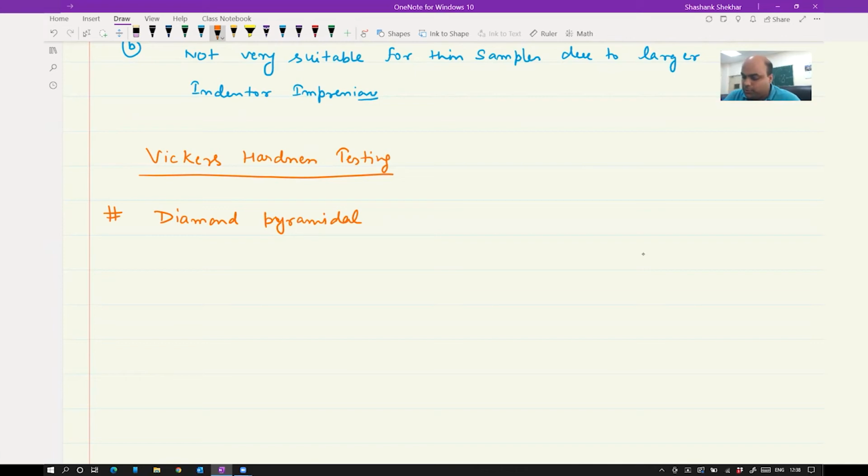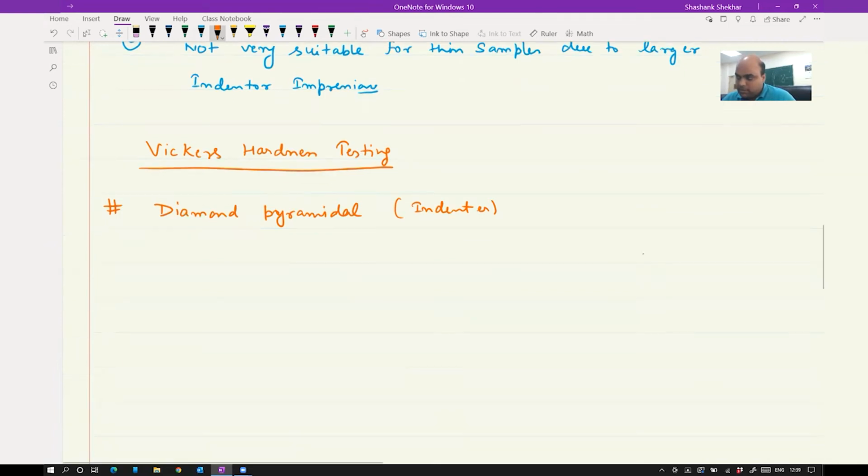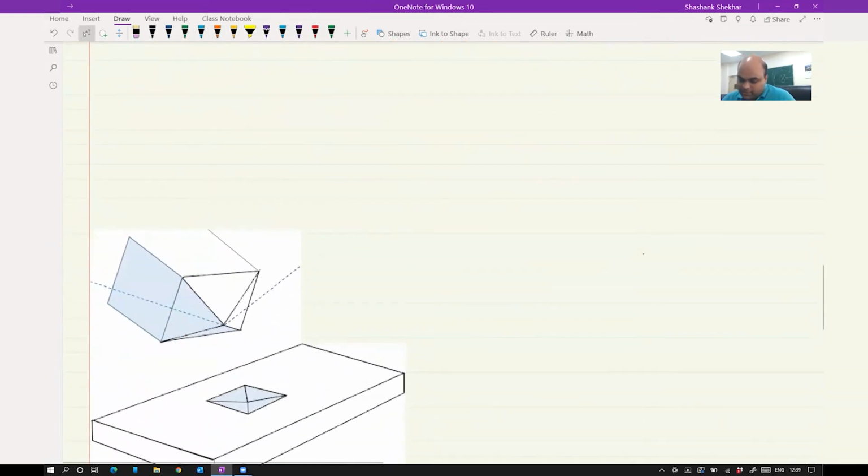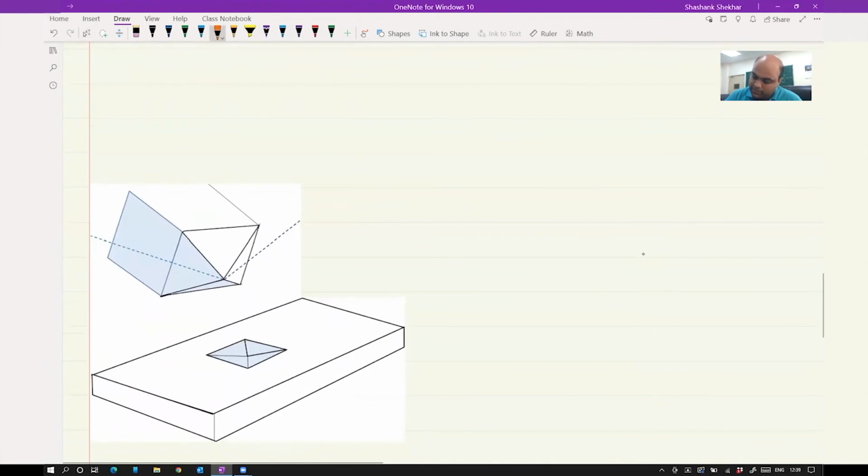So this is going to be your indenter. We are using diamond instead of steel ball when we talk about Vickers hardness test. And this is the indenter shape, your Vickers indenter.